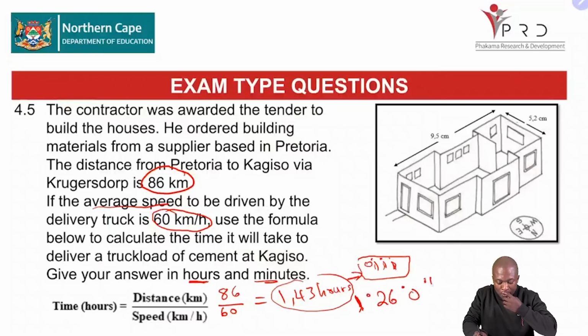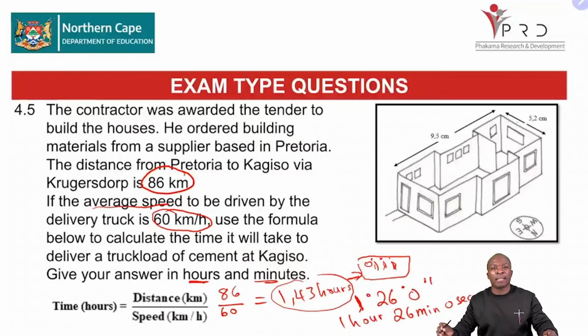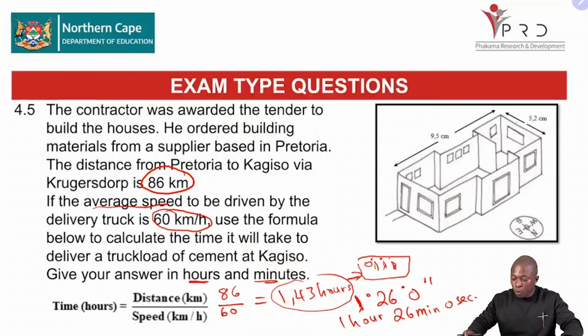Now, what does that mean? It means this is 1 hour, 26 minutes, 0 seconds. But what does the examiner want? They only want the time in hours and minutes. So let's go over one more time so that you understand better. What you do, you press your 86, you press divide by, you press your 60, you press equal sign, and then you press your SD button.